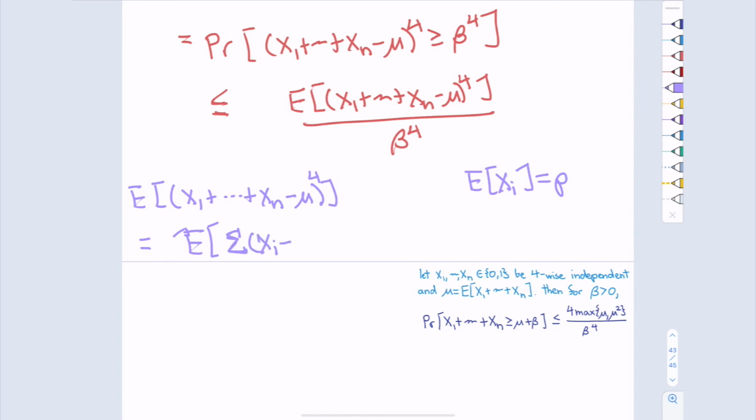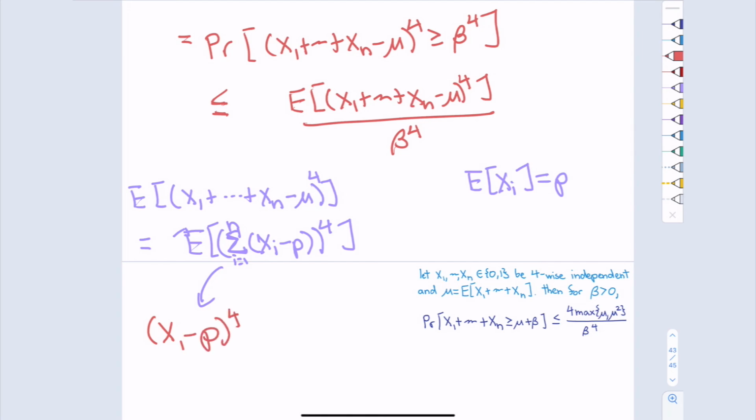I can break up the overall average into n copies of p. So I'm looking at the sum from 1 to n of xi minus the individual probability. This is describing a polynomial of degree 4 inside the expected value. If you expand this out, you get terms like x1 minus p to the 4th.